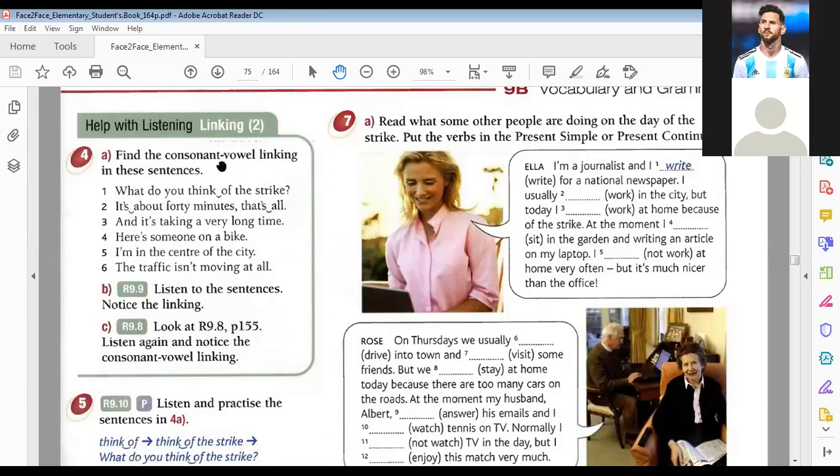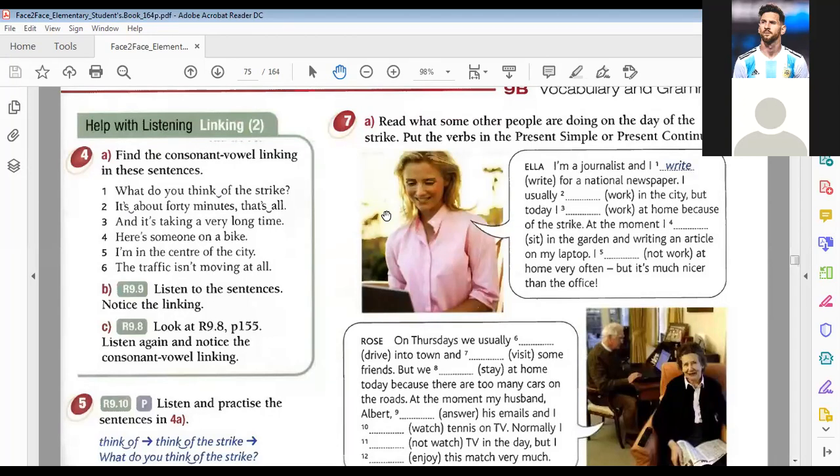Remember we talked about how in English, sometimes the last letter of a word, like for example here, can you see think and of? Can you see the little link here? Can you see it in number 1? What do you think of the strike? Why did we link K and O? What's the reason? Who knows?